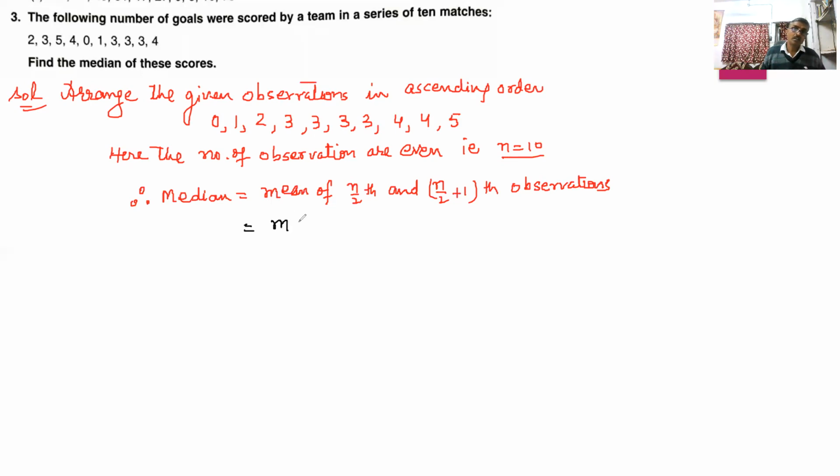That is, mean of n क्या है, 10; 10 by 2th and 10 by 2 plus 1th observation.